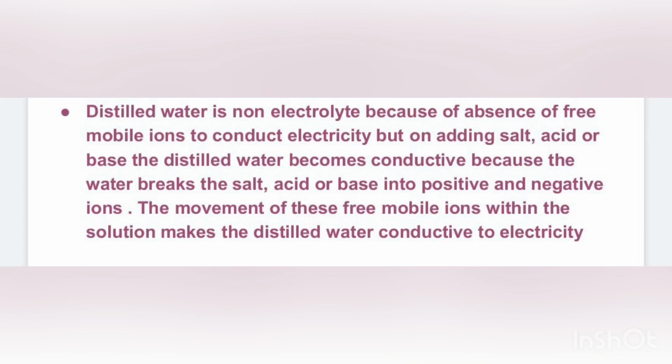When we add the salt, acid or base to the distilled water, then in the presence of the water they will break down into positive and negative ions, which are free mobile ions, and distilled water in that case will become conductive and can then be called an electrolyte.